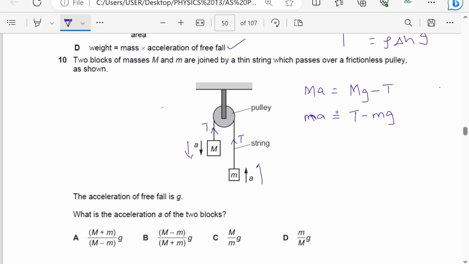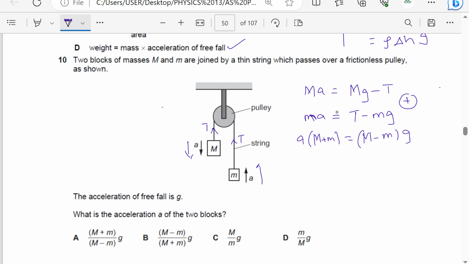So if I add the two equations, T cancels out. So I have a times capital M plus small m being equal to, T has cancelled out, capital M minus small m, because I'm adding, then in brackets g.